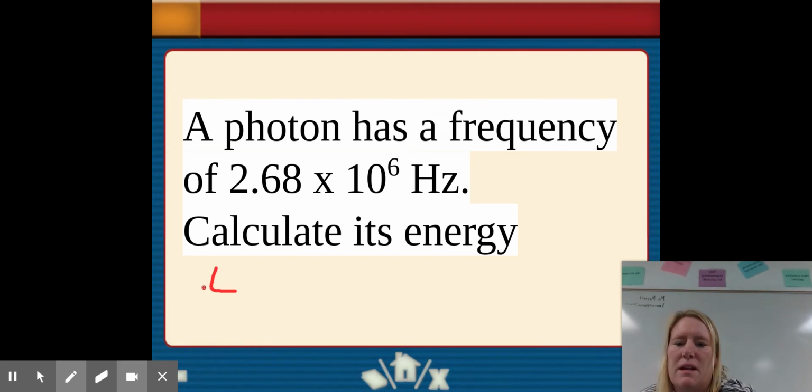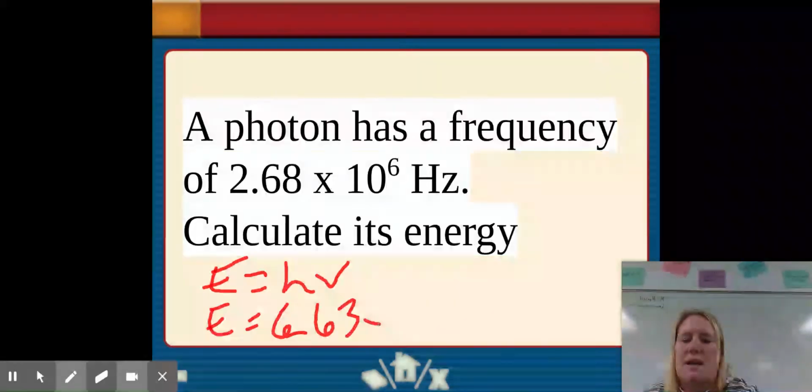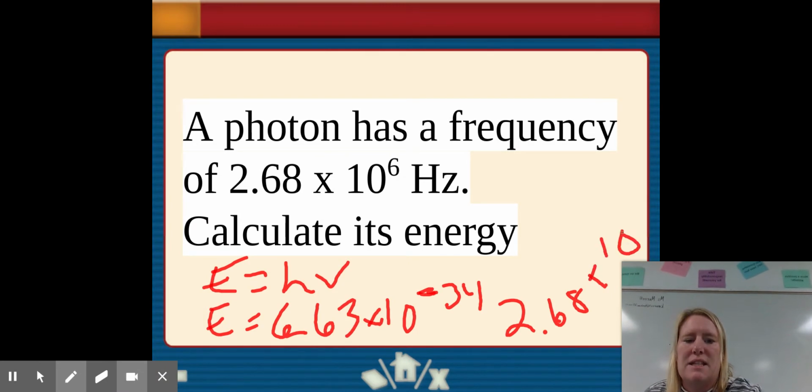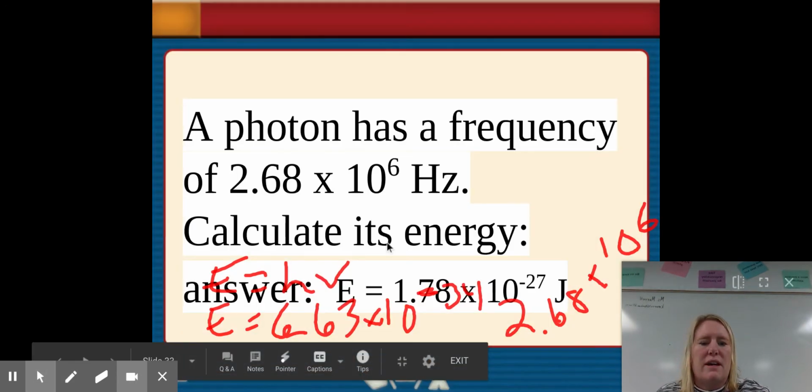E equals hv, and we're looking for E. We know h is 6.63 times 10 to the negative 34, and we know v is 2.68 times 10 to the 6. So we simply multiply those numbers out, and voila, we have our answer. That comes out to 1.78 times 10 to the negative 27.